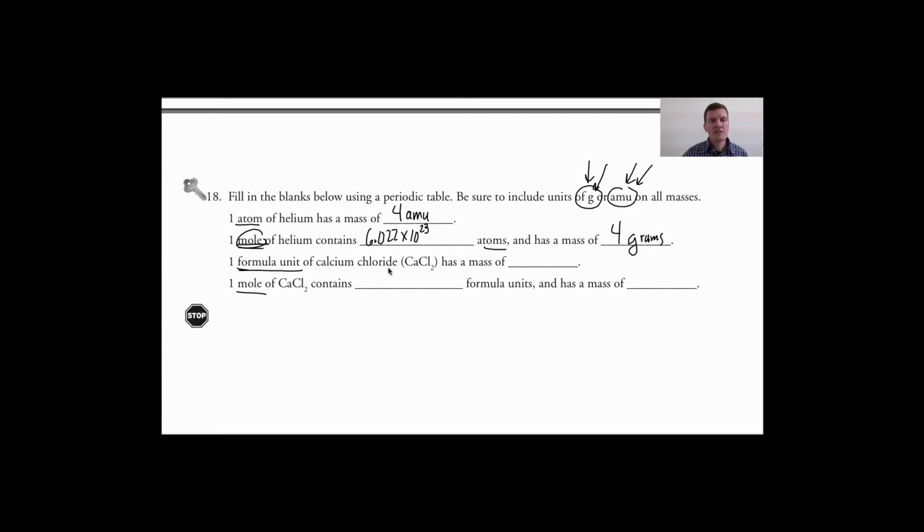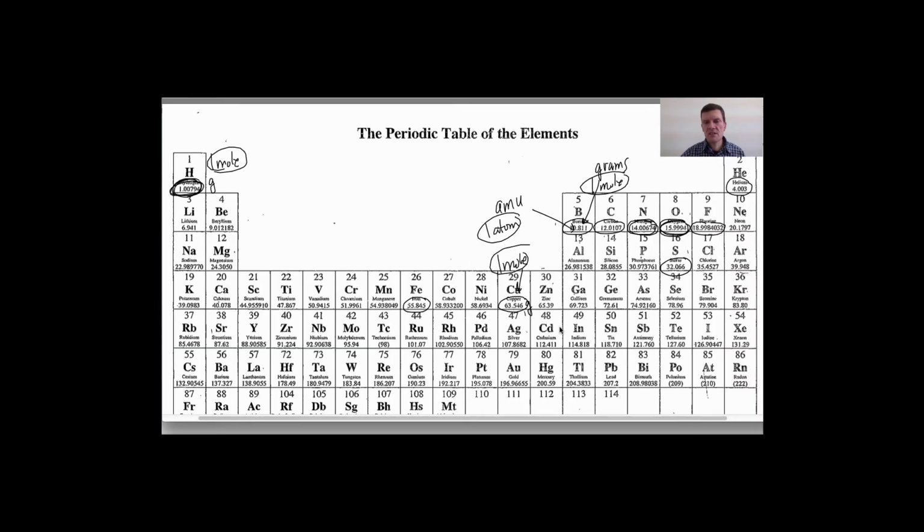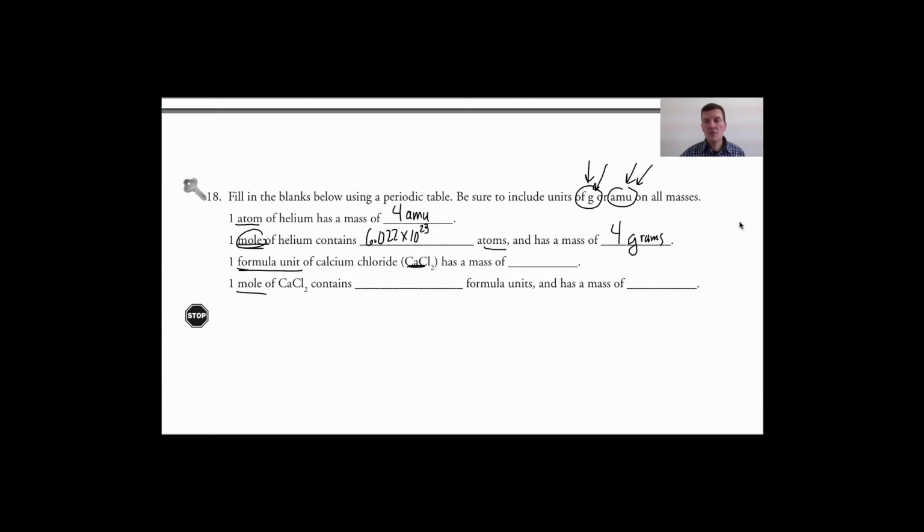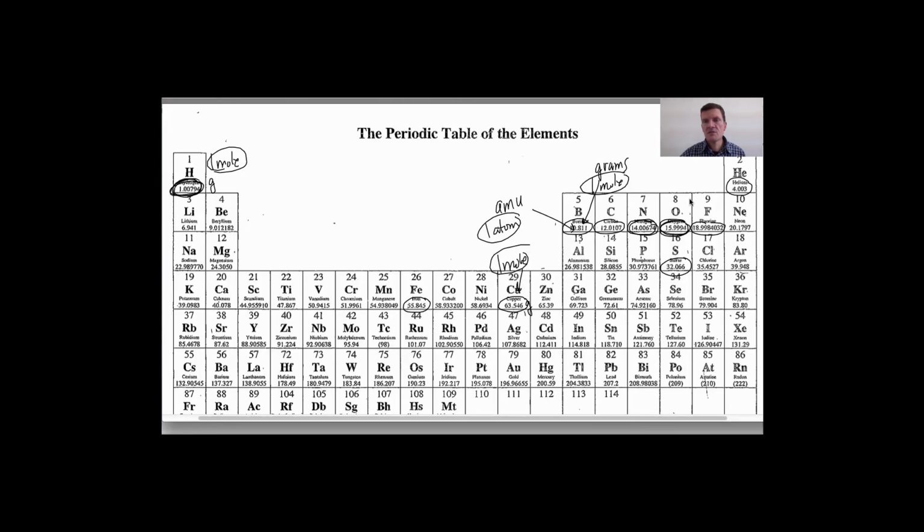1 formula unit, a single compound of calcium chloride, has a mass of what? I look at my periodic table and we have calcium chloride, CaCl2. So Ca is 40.1. I'm just going to go 40, just for ease of calculation here. You can use a calculator if you want.